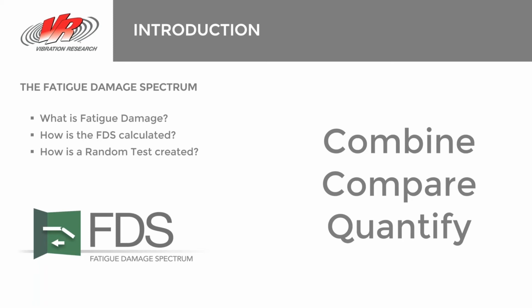That is the overall goal of this process, and I will step through a demonstration where we actually walk through this and can use some real world data that we'll look at and then use that to generate a FDS test, a random test in a few different methods.